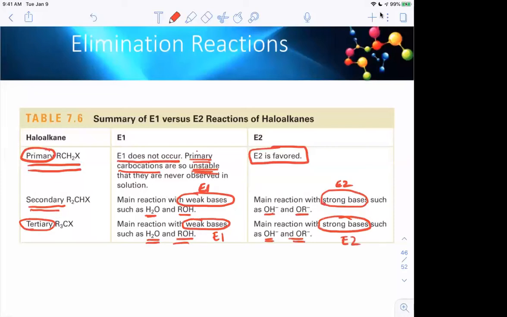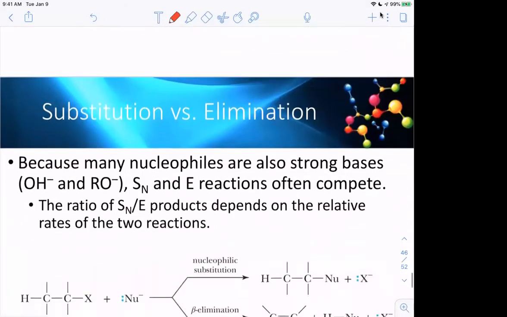Now this is different from the substitution sequence because tertiary only underwent SN1. Here, tertiary can undergo elimination through both the E1 and the E2 mechanisms. The mechanism that's favored is going to be dependent on the strength of the base. So one major difference between predicting elimination and substitution reactions.